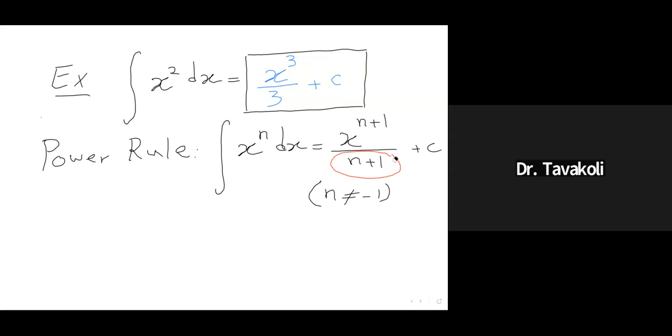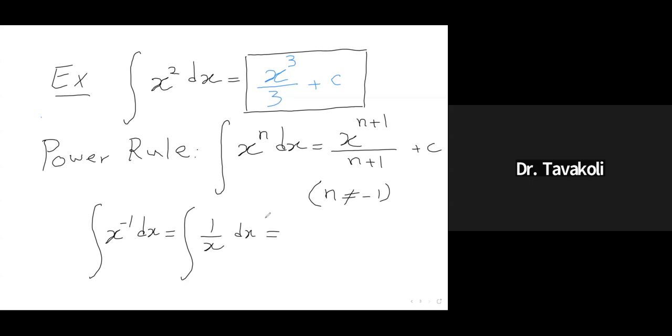So this formula is not valid for n equals minus 1. So what should we do for that? For that, we have a separate formula. When n is minus 1, the integral of x to the minus 1 is the same as 1 over x.